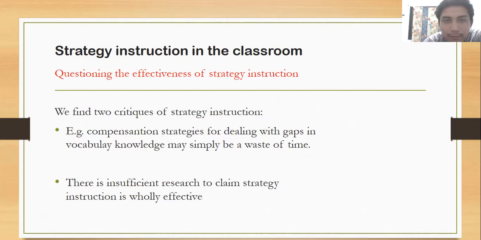But those points of view were only some critiques. After this, two other authors decided, or not decided, they established a framework of a strategy instruction. And we are going to see the next slide.